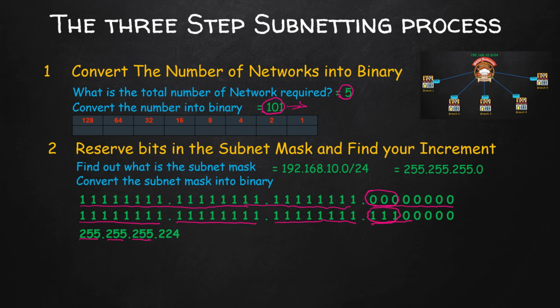Then this last part you need to convert into decimal. Let me show you how to do that again. For that, I need to use my binary to decimal conversion table. Here just distribute the bits in the table. So our value is 1 1 1 0 0 0 0 0. Now wherever the value is 1, just add those together.